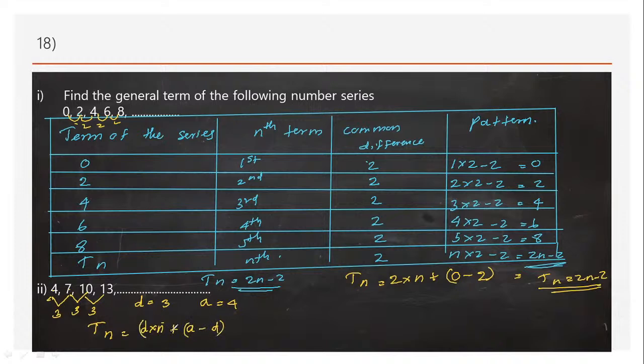Using this, common difference into n is 3n, plus first term 4 minus common difference 3, 4 minus 3. So what is our general term here? 3n plus 1. General term is 3n plus 1.